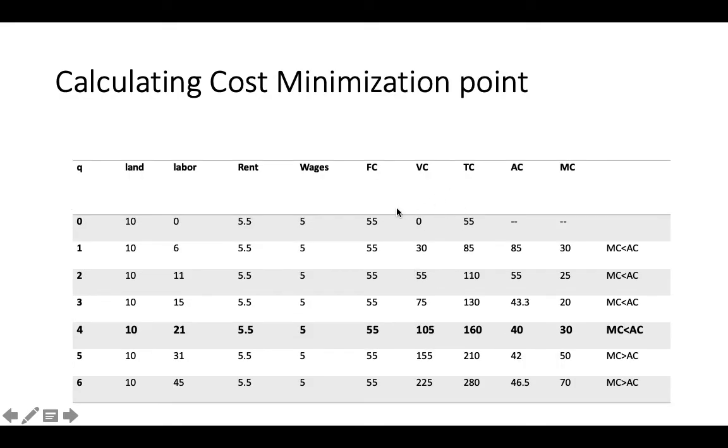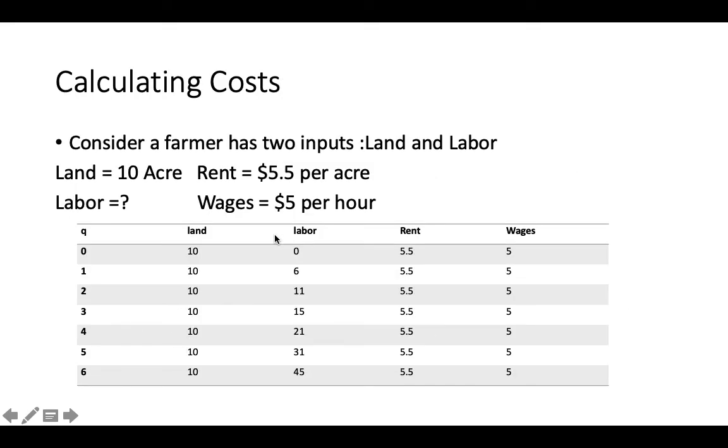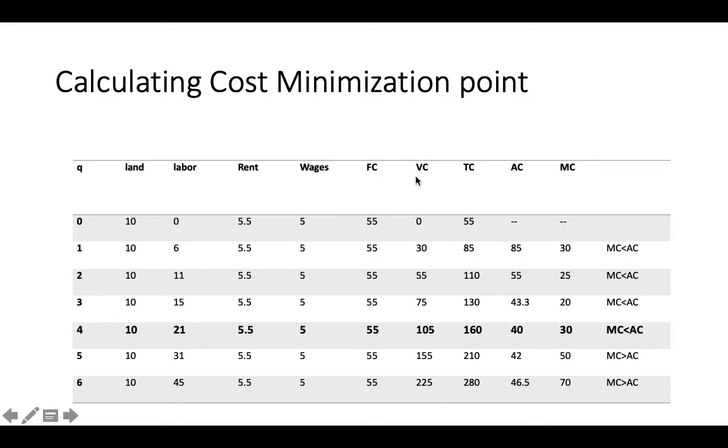And then how is this change in rent going to change the fixed cost and all other related costs. In the same manner, if the wages are doubled, previously the wages were $5 mentioned over here. Now let's say that it is increased to $10. Then what will be the effect on the variable cost and all other related costs?